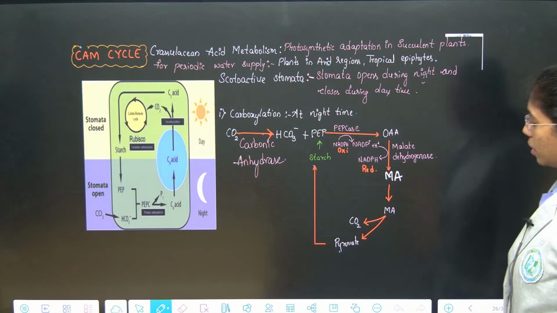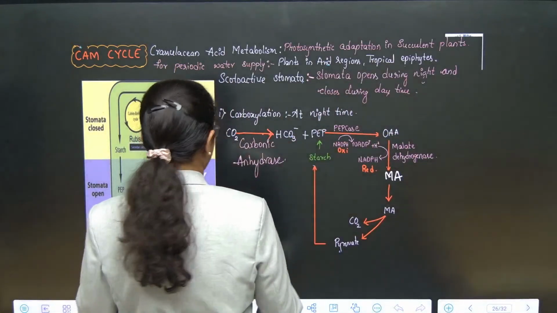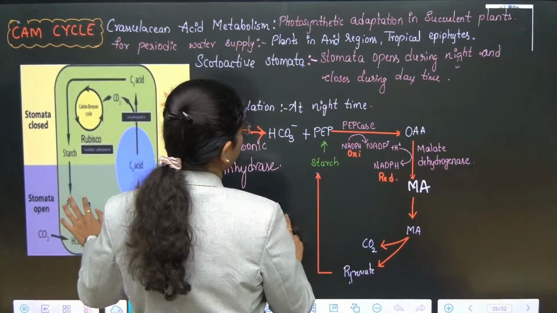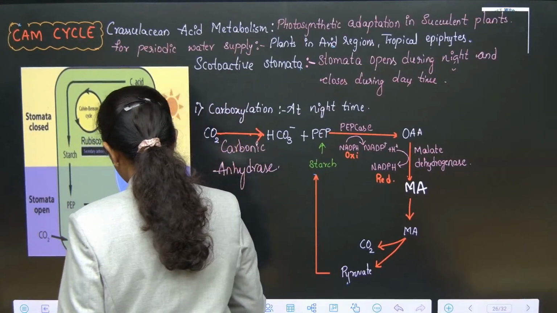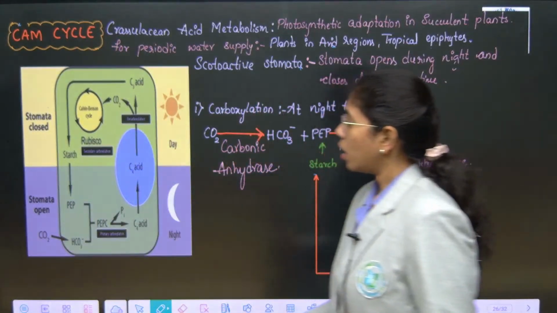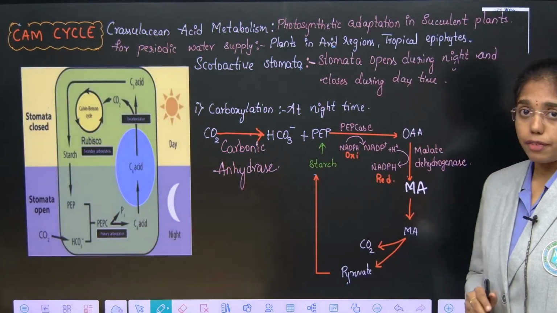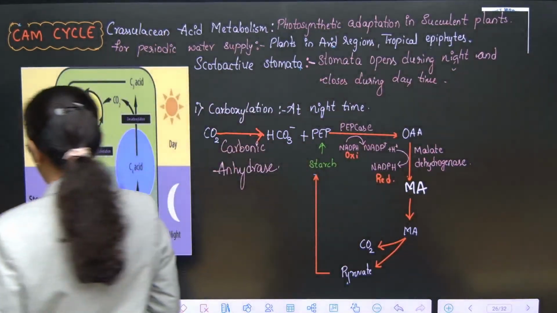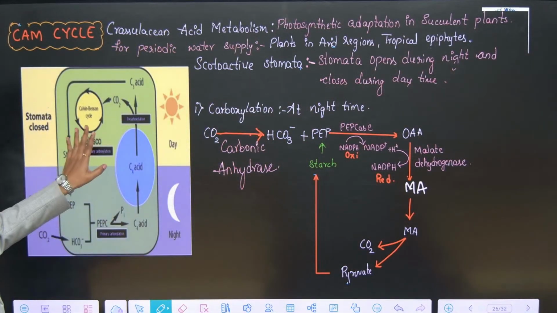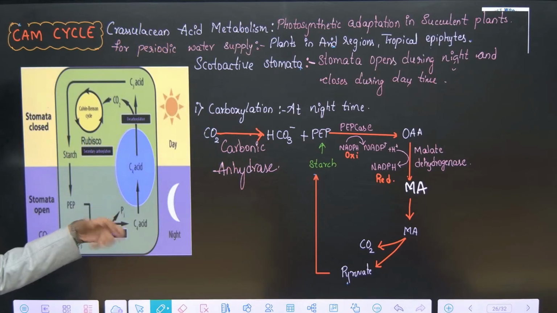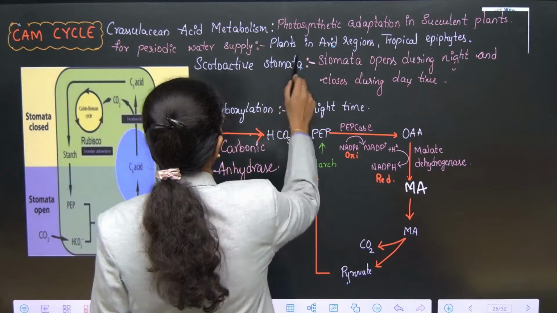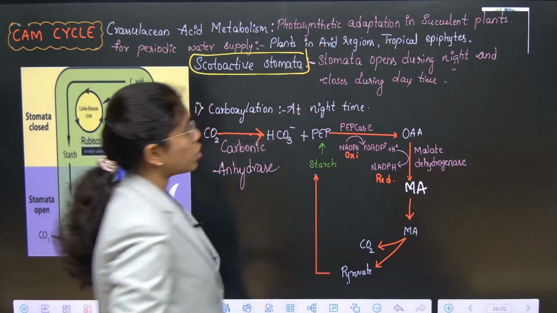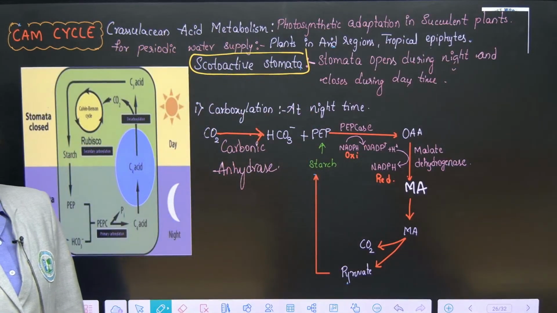CAM cycle. In the C4 cycle, the 2 carboxylations are separated spatially, but here the 2 carboxylation reactions are separated by time. In CAM plants, there is an adaptation of stomata, where stomata open during the night time and close during daytime, which is known as scotoactive stomata.